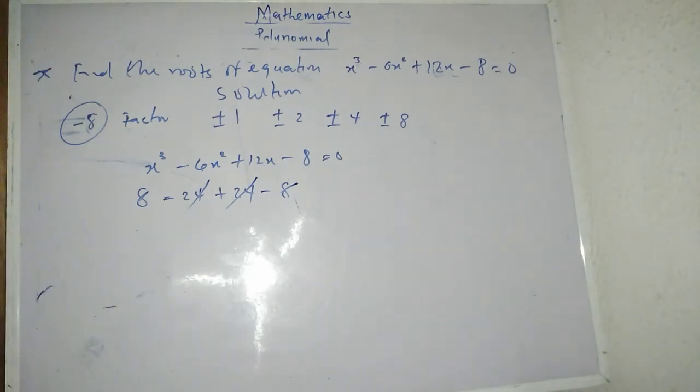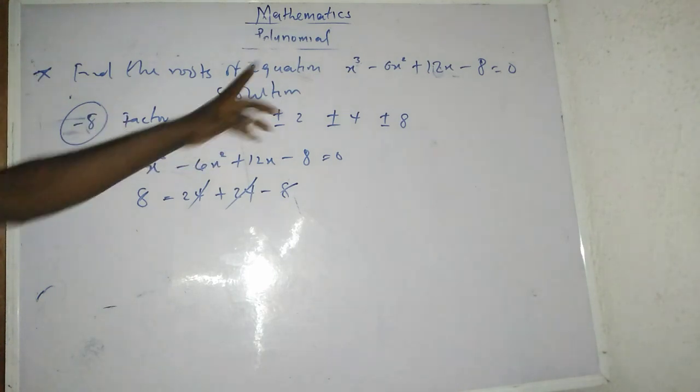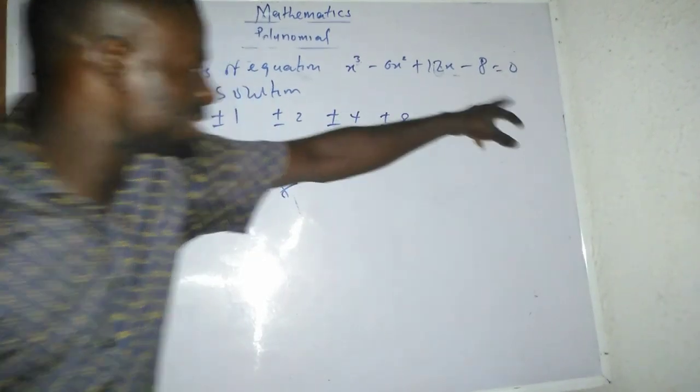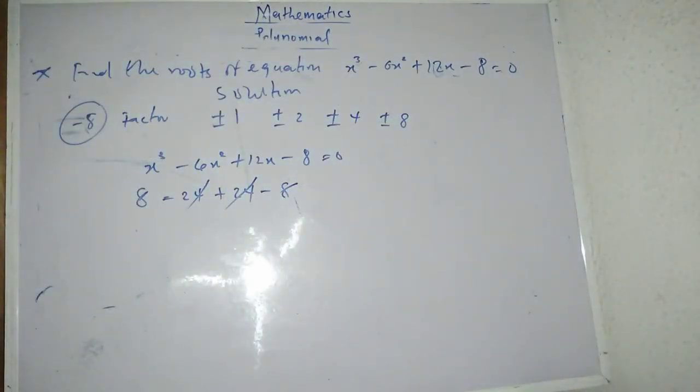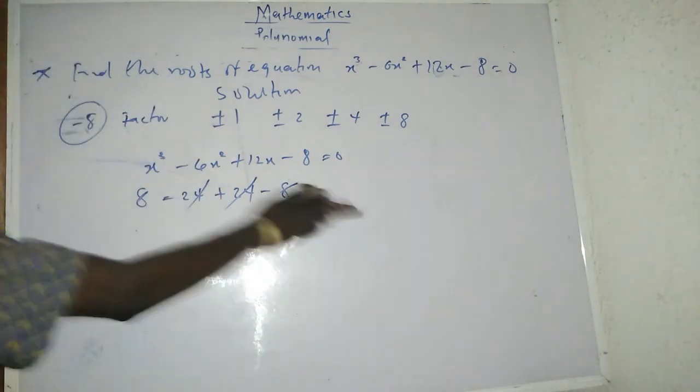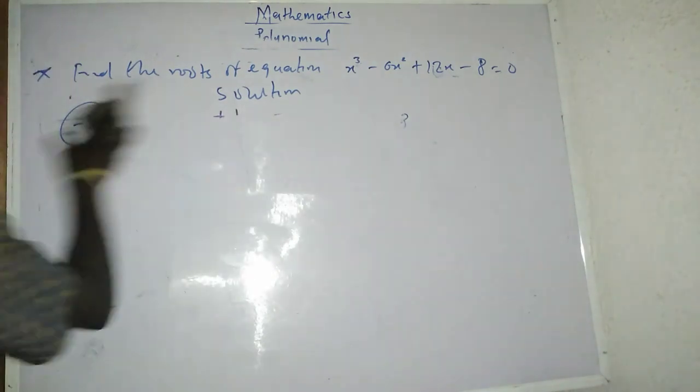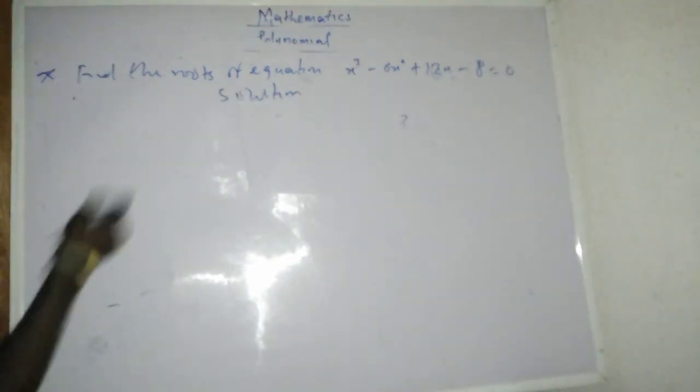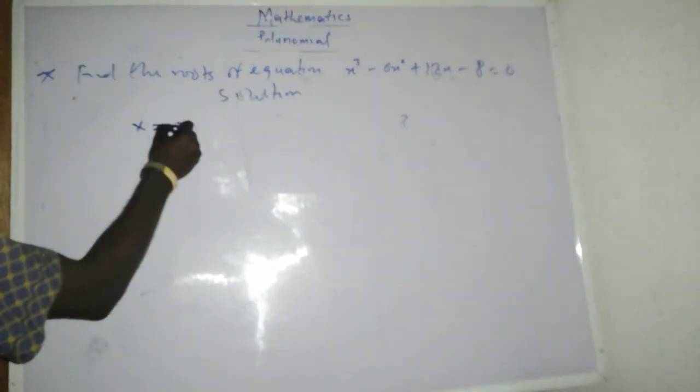Now, don't forget, if you want to generate the factor, you have to look for the factors of the last number, the number that is standing there. If it is 1, the factors of 1 are plus or minus 1. Now, I can say that my x is equal to 2.